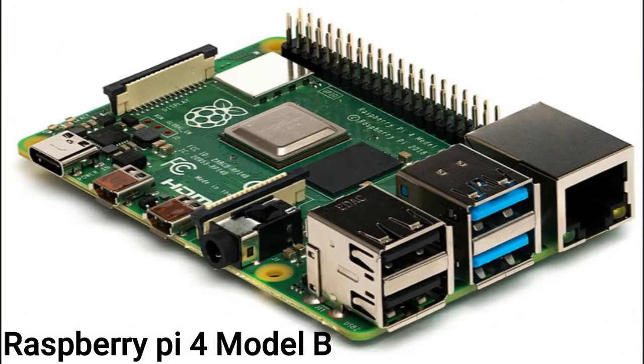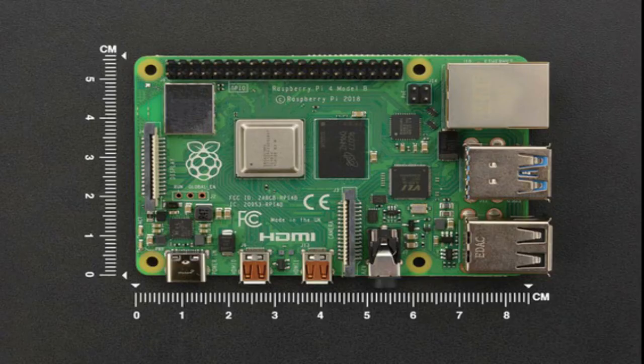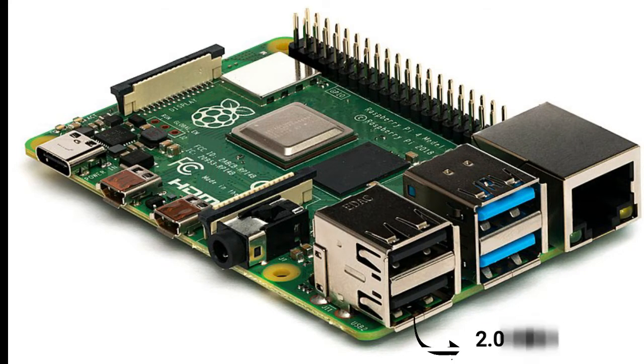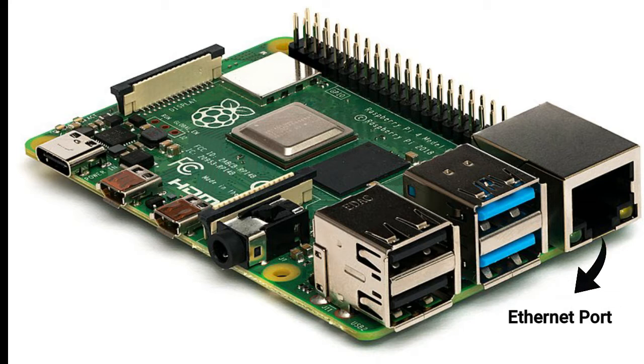Let's have a look at the Raspberry Pi board, and this is the Raspberry Pi 4 Model B. It has 5.5 cm in width and 8.5 cm in length. It has two USB 2.0 and two USB 3.0 ports where you can connect a keyboard, mouse or any pen drive, and one Ethernet port where you can connect internet to the board.